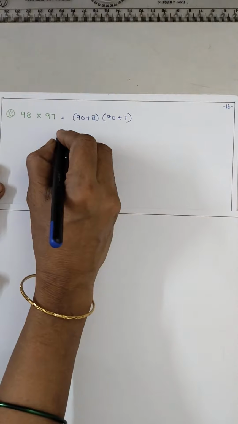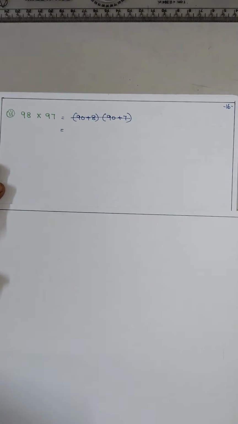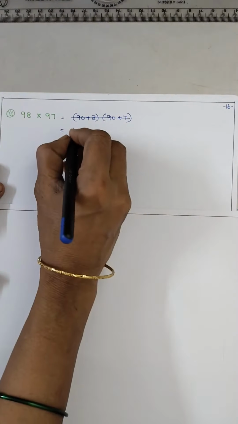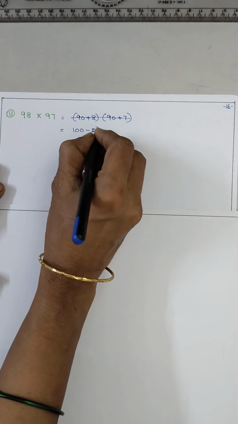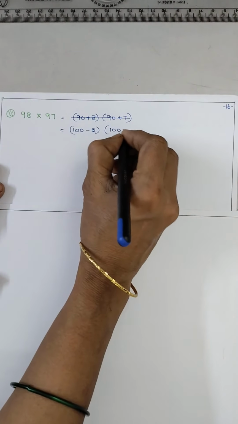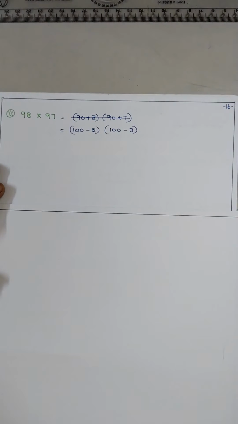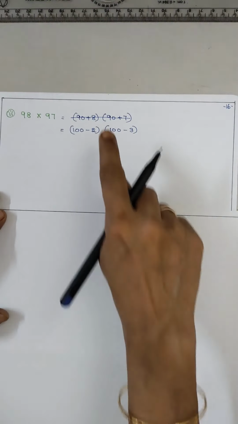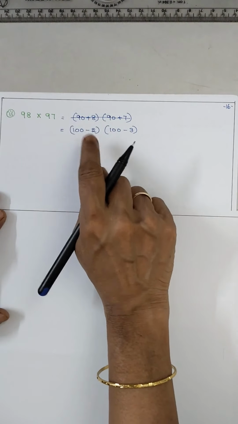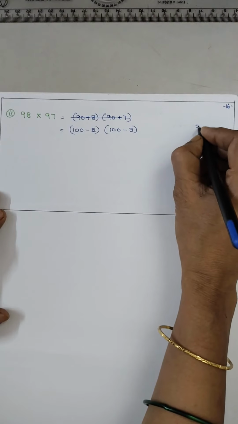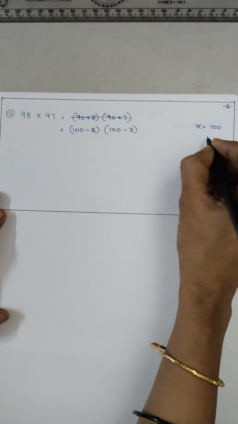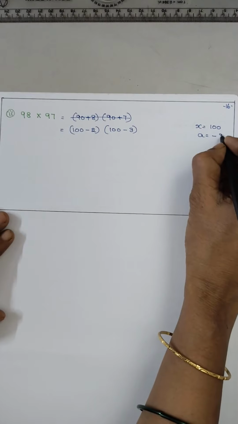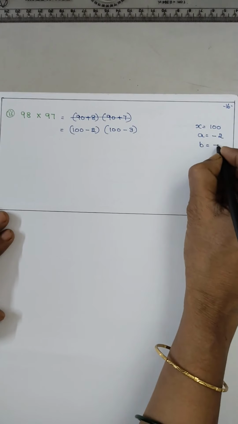Or the easy method is what? 100 minus 2, 100 minus 3. Isn't it? For calculation, 100, 10, 1000 like this will be easy. So this is okay, but for calculation this is easy. So x is equal to 100, a is equal to minus 2, b is equal to minus 3.